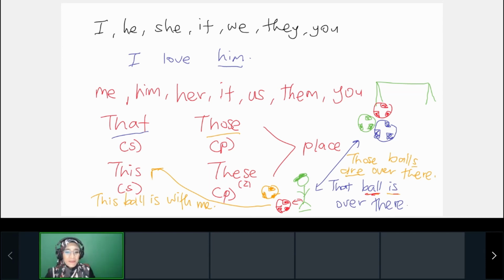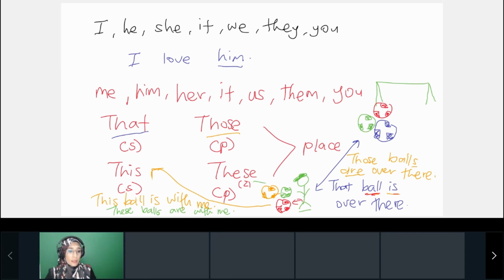So it's going to be, oh, sorry, let me just draw another ball. So we have three balls here. So we can say that these balls are with me.